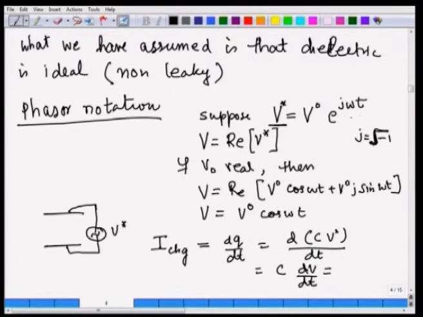In time it varies as omega t, so this V changes by omega t. So what would I get? I would get j omega C, and since it is exponential, I will get back V.